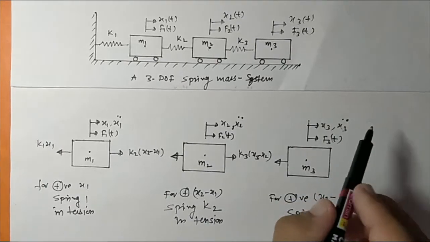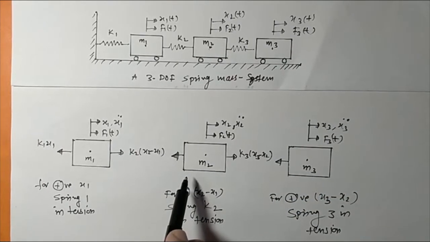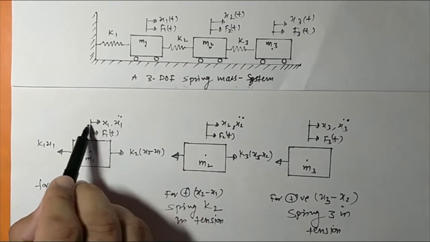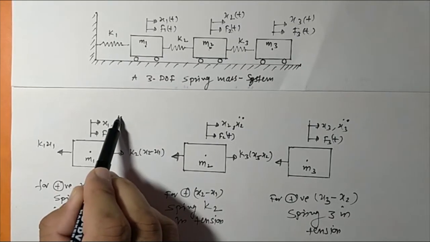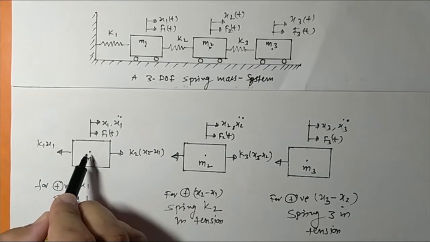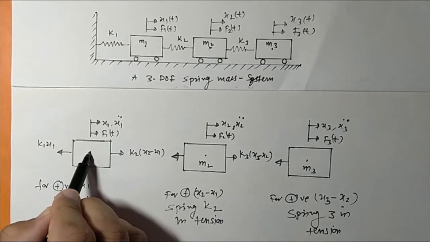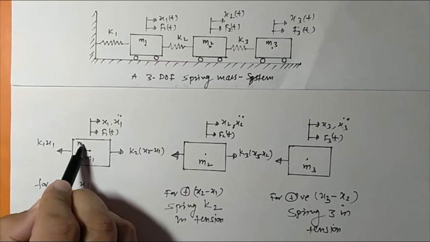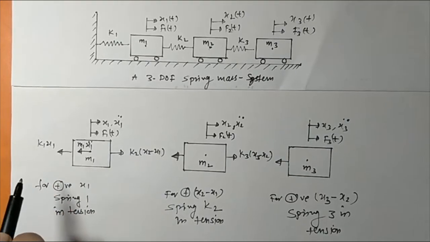As we know, the inertia force always acts in the direction opposite to the acceleration. So if this is the direction of x1 double dot, then the inertia force on mass m1 would be opposite to the x1 double dot direction. So this is the direction of the inertia force m1 x1 double dot.